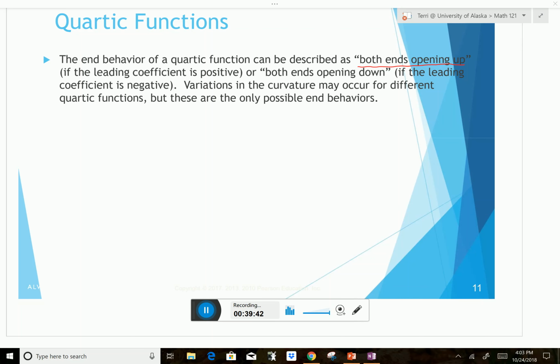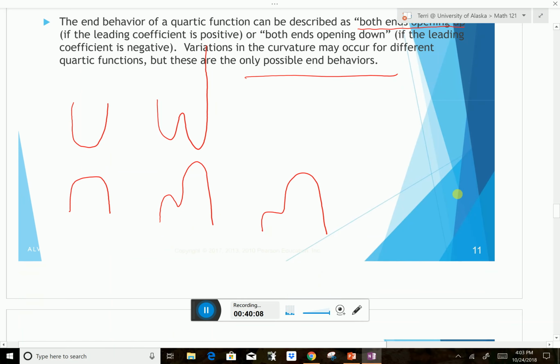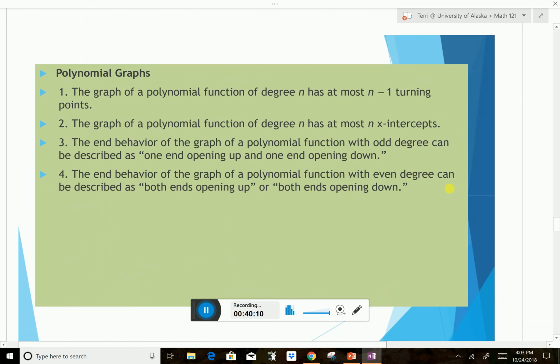And then, of course, there are variations in the curvature in the middle of it. There are so many different things that these can do that it's just about too many.